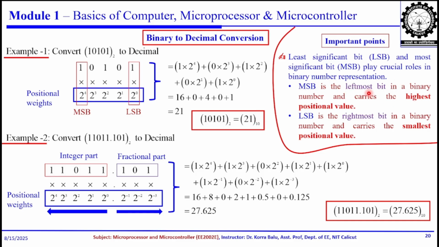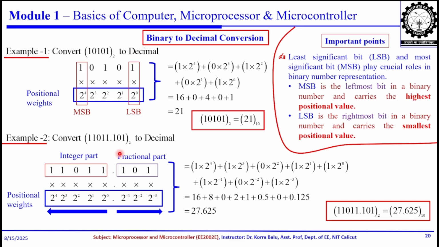The MSB is the leftmost bit in a binary number and carries the highest positional weight. You can see here in 10101 this one is the most significant bit, MSB, and it has the highest positional value, that is 2 to the power of 4, and the LSB has the least positional weight. The LSB is the rightmost bit in a binary number and carries the smallest positional value.